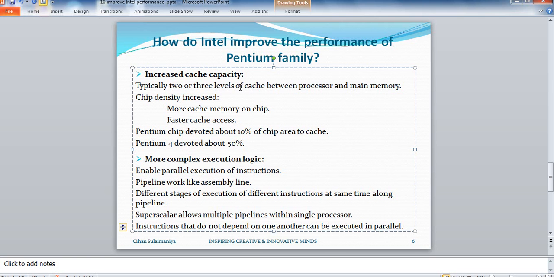Typically, there are 2 or 3 levels of cache memory between processor and main memory. So first one, chip density increased. How do you increase the chip density? By making more cache memory chips. So you have 2 gigabytes of cache memory.